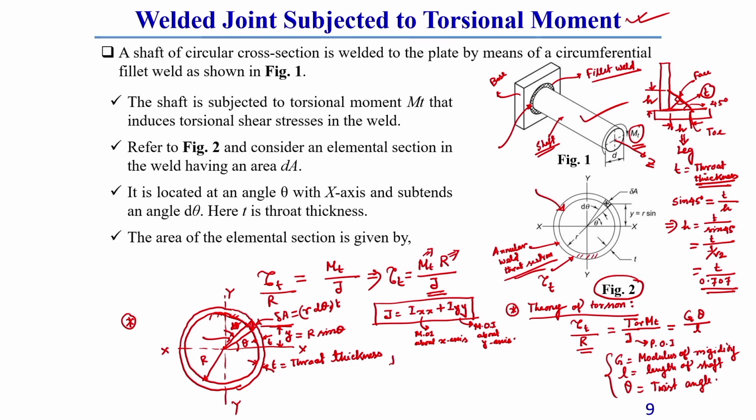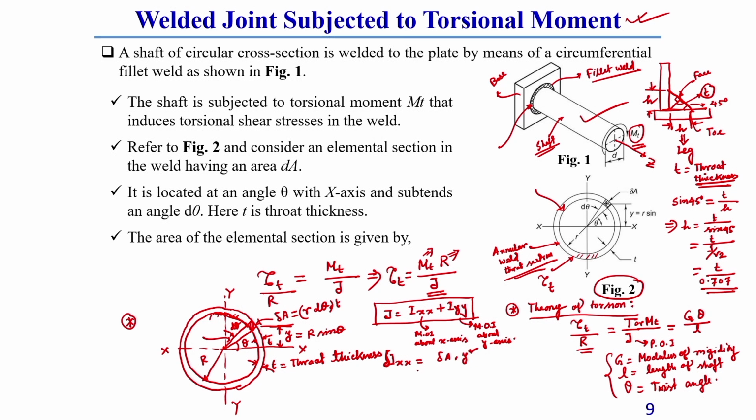So, what is Ixx? First we find out delta Ixx, for a small element. Delta Ixx you can write as delta A into the distance square from the x axis, that means y square.